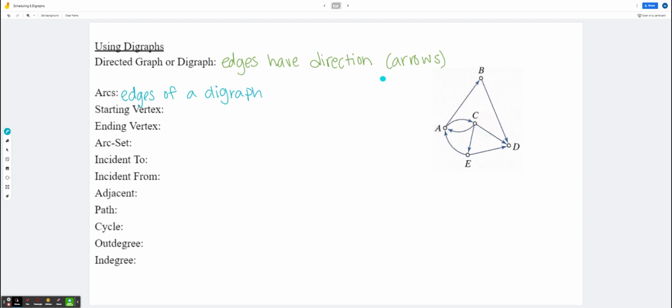For a regular graph, we could write AB or BA to represent the edge. With the arcs, this arc from A to B, we have to write as AB, not BA, because the edge starts at A and then goes to B.